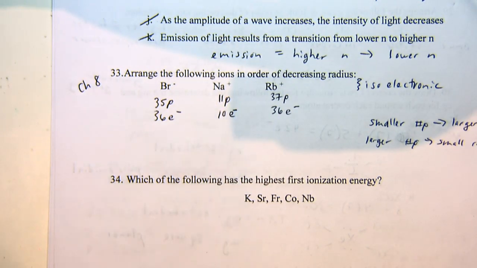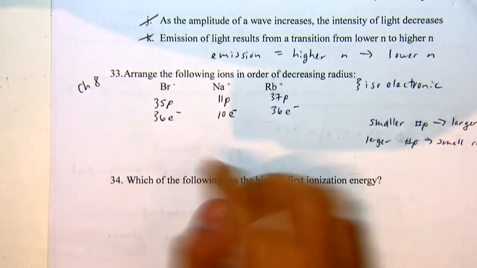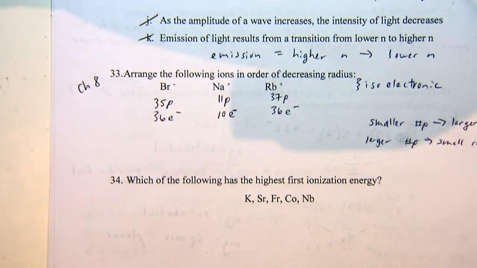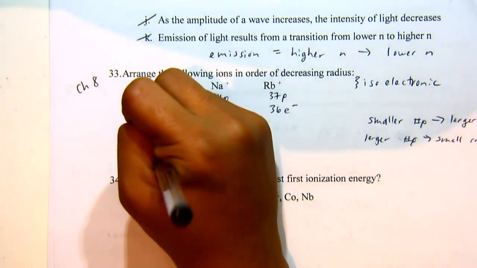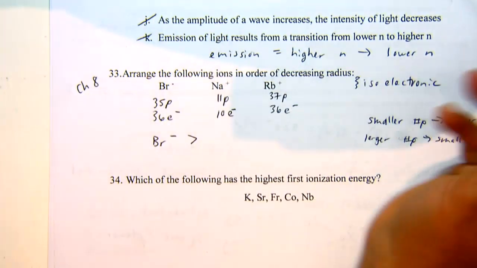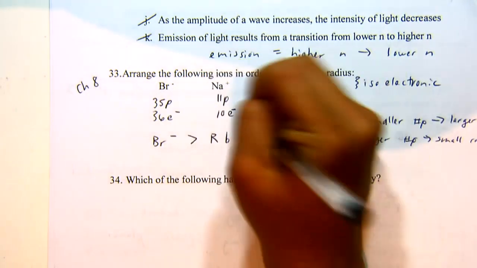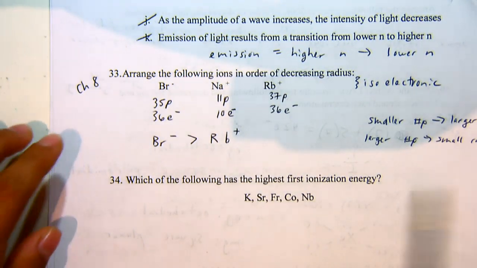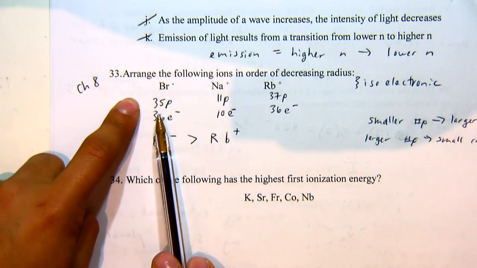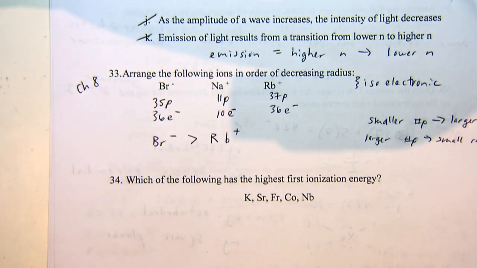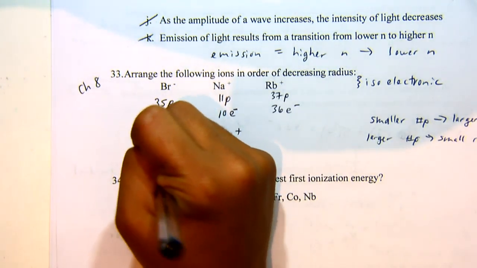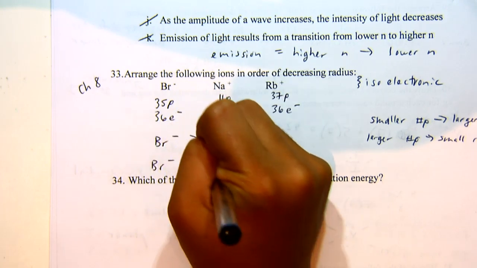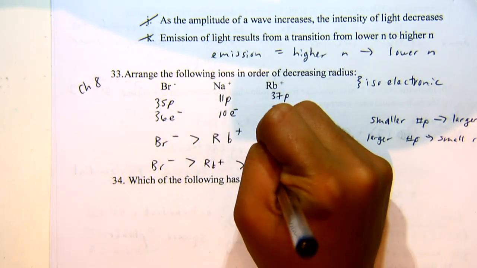We know automatically sodium is going to be the smallest because it's not part of the isoelectronic series. But bromine is going to be greater than Rb positive because bromine has a smaller amount of protons. So when we list this, we use the general trend for sodium. That gives us bromine is bigger than rubidium, which is bigger than sodium.